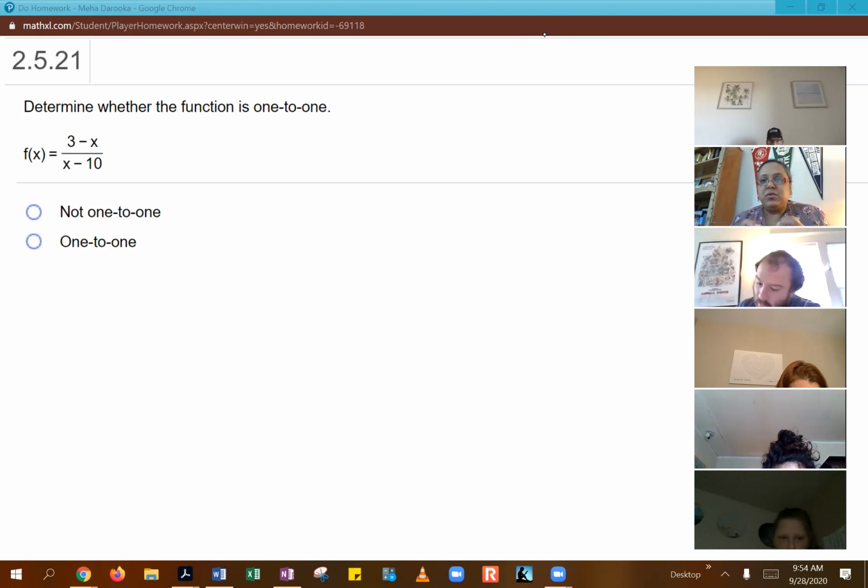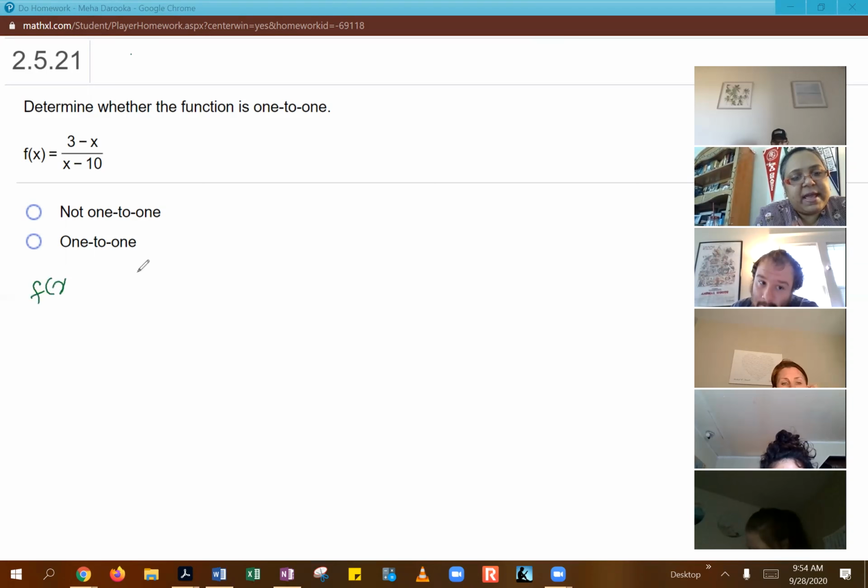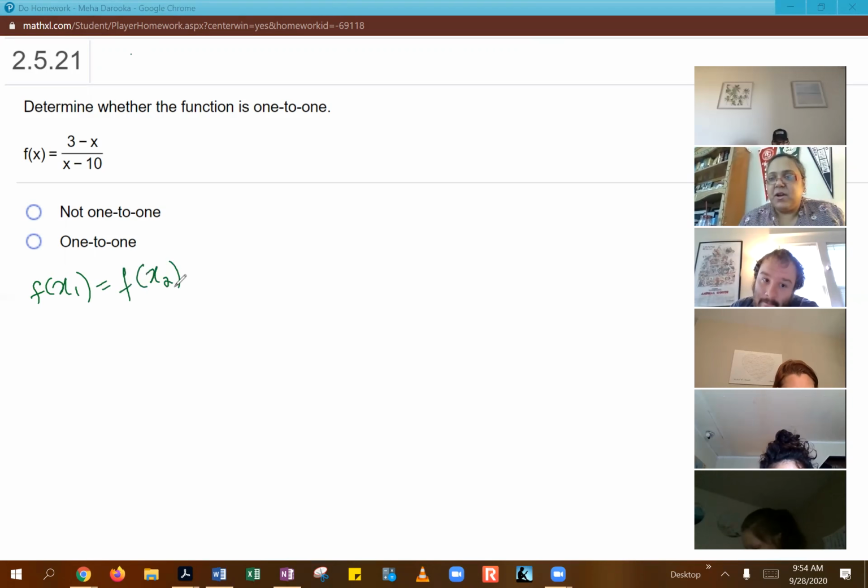So the way we do this algebraically, guys, is you actually start out by taking your function and we actually pretend like we are using two different X values and we set it equal to each other. So we use like X sub 1 and X sub 2.